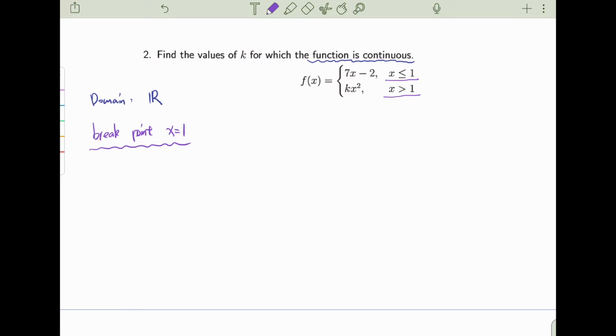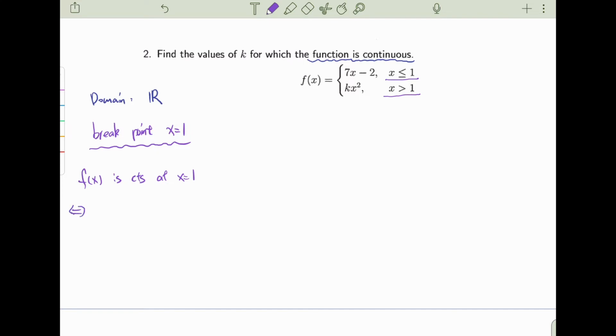Now we're gonna check continuity of f of x on this point. And by our definition, f of x is continuous at x equal to 1.